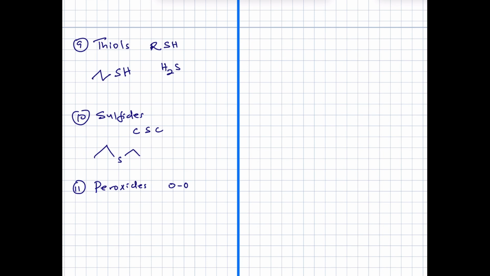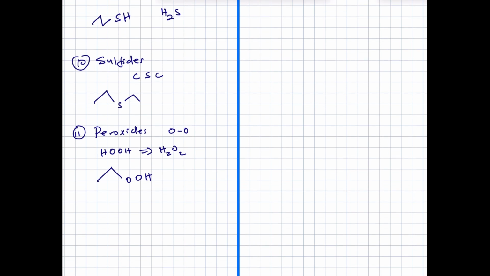So for example, hydrogen peroxide, HOOH, which is also written as H2O2, is the simplest example, but an alkyl peroxide, for example, will be something like that, OOH. So these ones are called hydroperoxides.